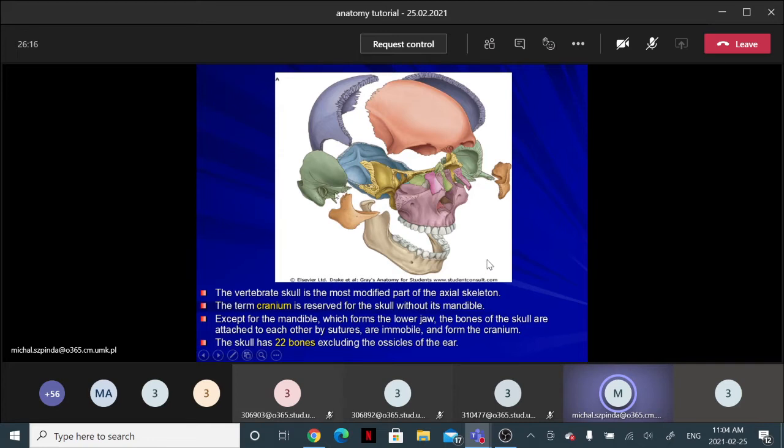One process passes upwards to the frontal bone, so it must be called the frontal process, and the other joins the temporal bone, so it must be the temporal process.